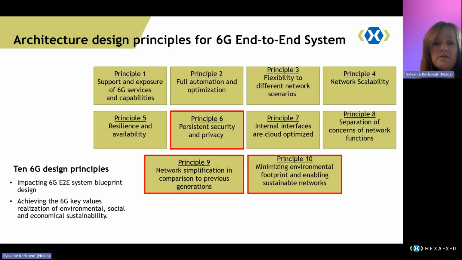And those principles crystallize into the top 3 design principles, put in red on this figure, for achieving the key values targeted in Hexa-X-II, that are environmental, social, and economic sustainability.